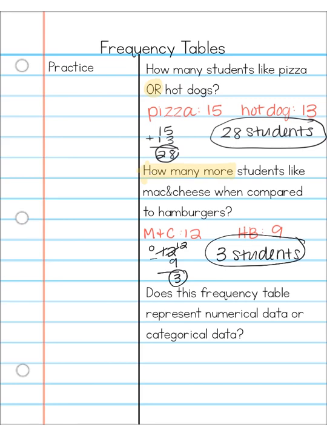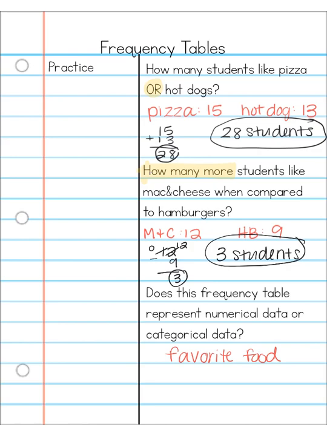Our last practice question is, does this frequency table represent numerical data or categorical data? Well, if we think about the question that was asked, we asked about favorite food. And since we asked about favorite food, the answer to that question is not a number.